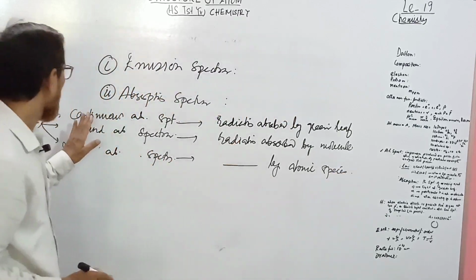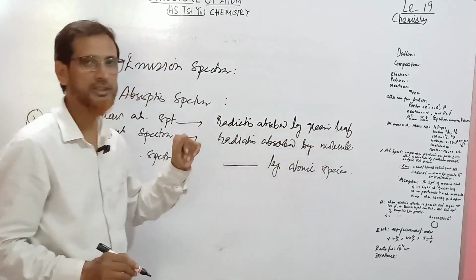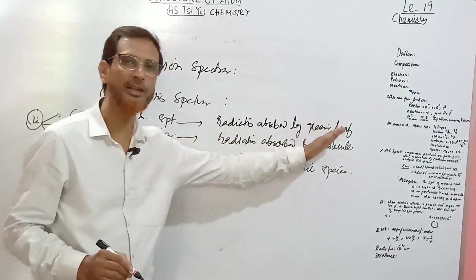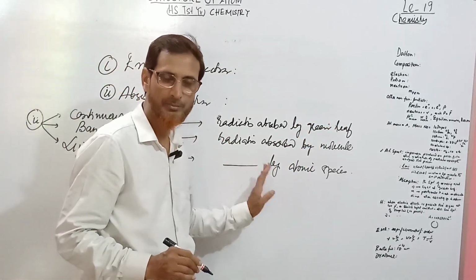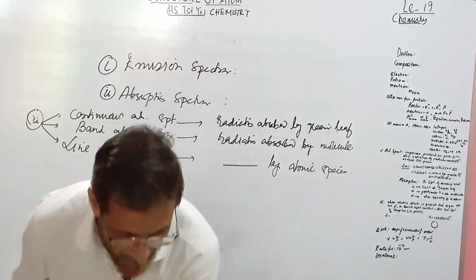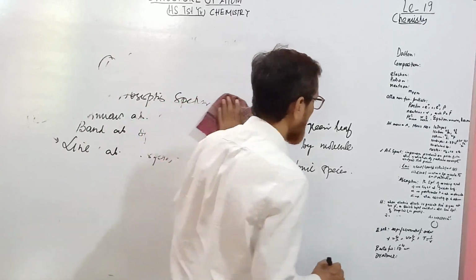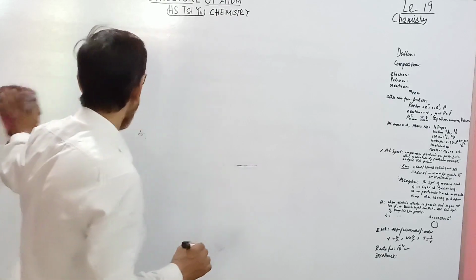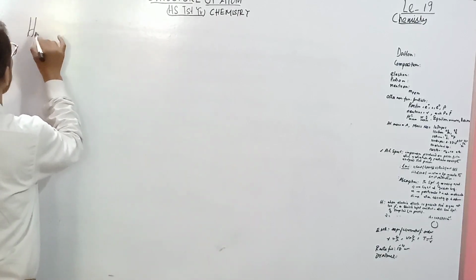Very simple. The continuous absorption spectra example is the radiation absorbed by a green leaf. Band absorption spectra is the radiation absorbed by any molecule, and line absorption spectra is the radiation absorbed by an atomic species. Very simple. This is all about the spectra. So now, after discussion on the spectra, let us come to hydrogen spectra.